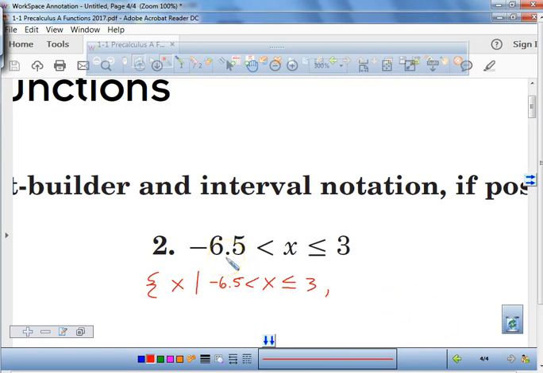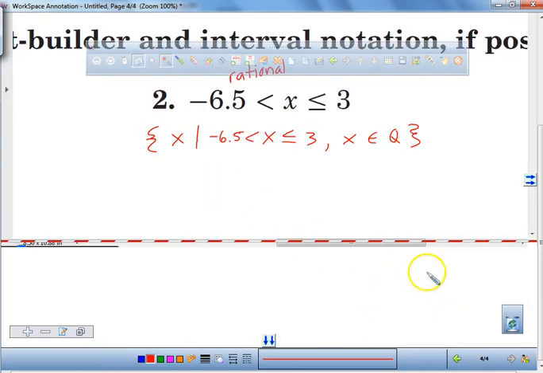What type of number is that classified as in our real number system? Rational. Rational is correct. What letter is dealing with rational? Q is correct. So I'm going to say x has to be an element of Q, and I'm going to close it right there. Set builder notation.